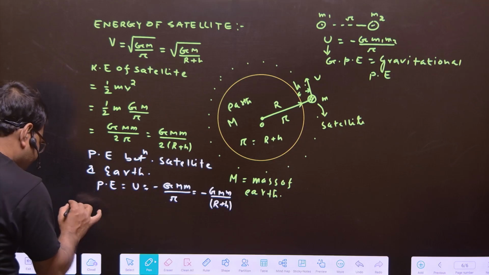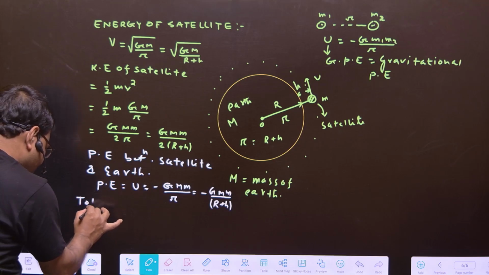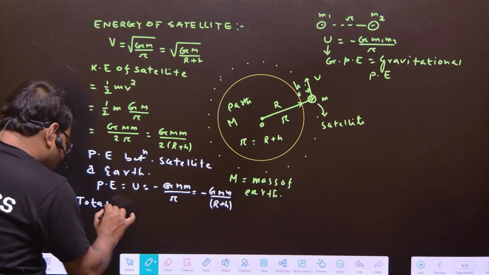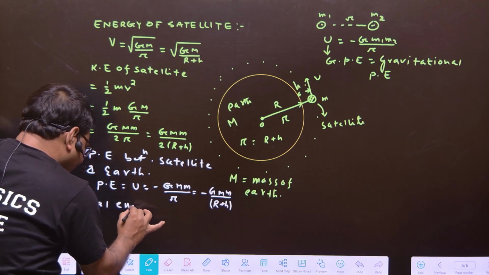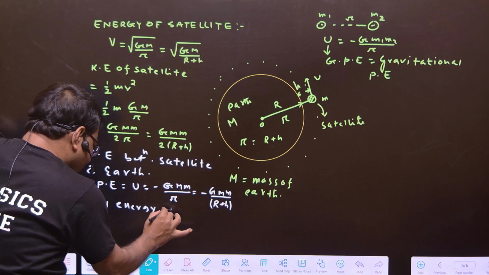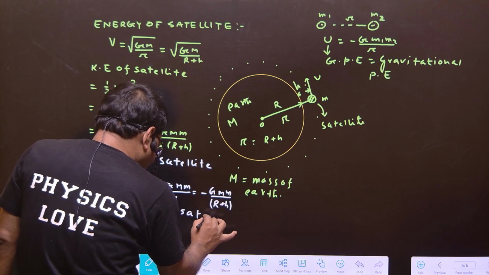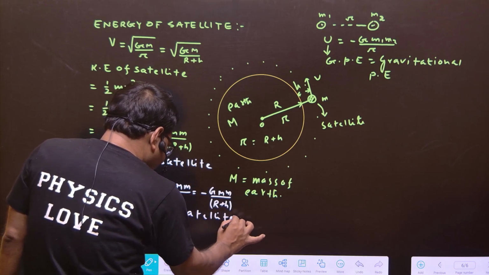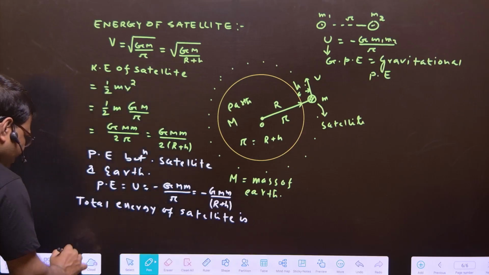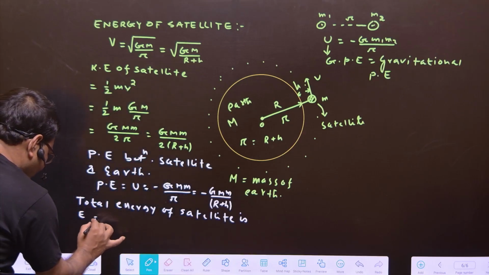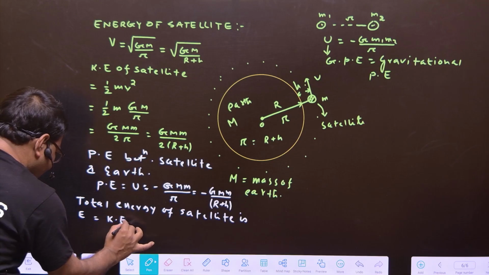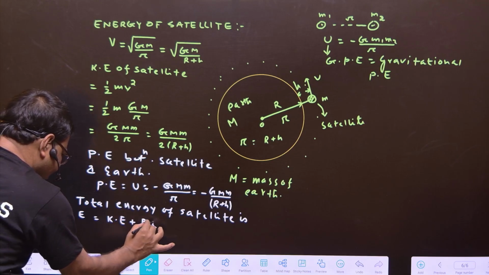Total energy of the satellite, E, is equal to kinetic energy plus potential energy.